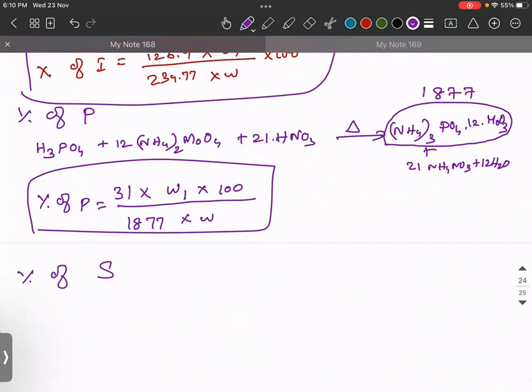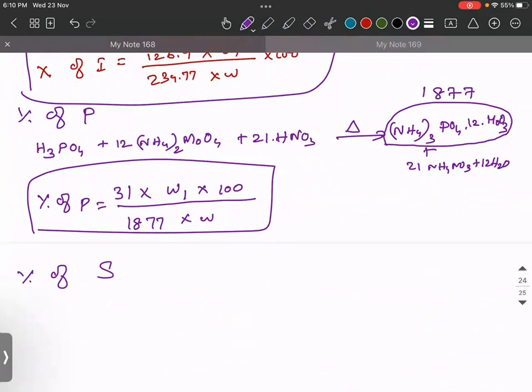The fuming nitric acid oxidizes sulfur into H2SO4. Once H2SO4 is formed, they will add barium chloride solution. It will be precipitated as barium sulfate. They will filter it, and from the weight they will calculate how much sulfate is present.